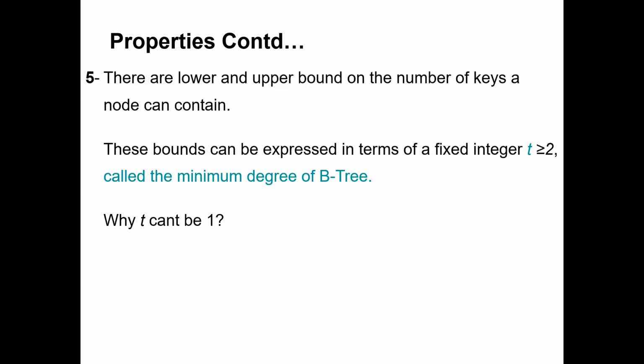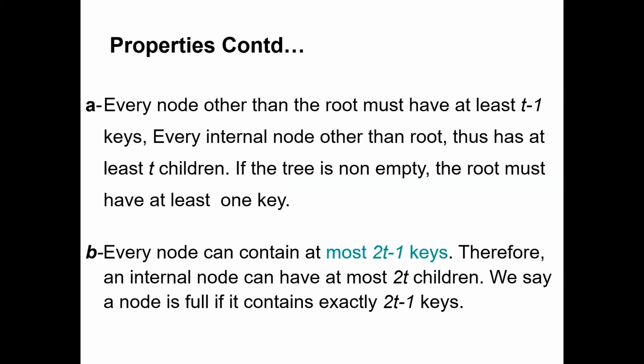So these are a few properties that you should note down and remember. A node can have a minimum of t minus 1 keys and a minimum of t children, and at most 2t minus 1 keys and at most 2t children. 2t is equivalent to m.